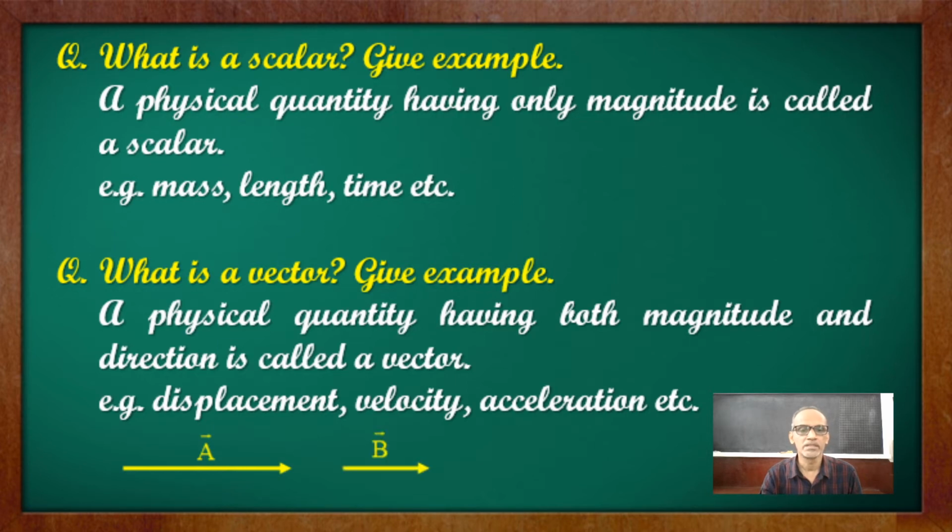The next is vector B. Now you can see the magnitude of the vector B is lesser compared to that of vector A, but both act along the same direction. Look at the vector C. Vector B and vector C have the same magnitude, but they act in opposite directions. So this is how we represent any vector.